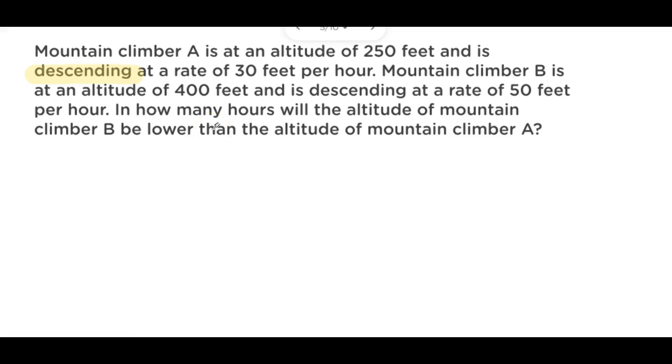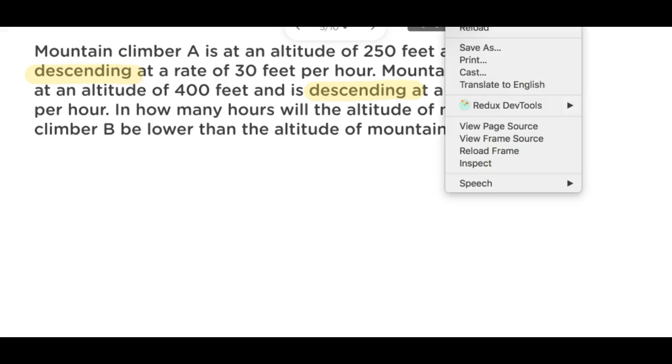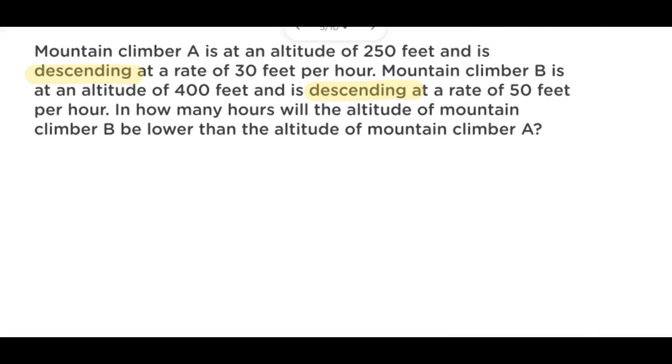Mountain climber B is at an altitude of 400 feet and is descending at a rate of 50 feet per hour. My question is, in how many hours will the altitude for mountain climber B be lower than mountain climber A? All right, so we know that at this point in time mountain climber A is at 250.